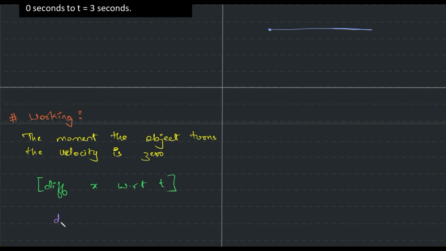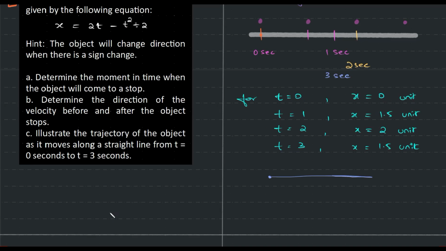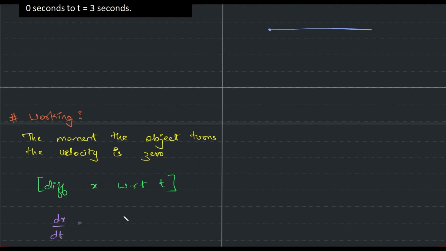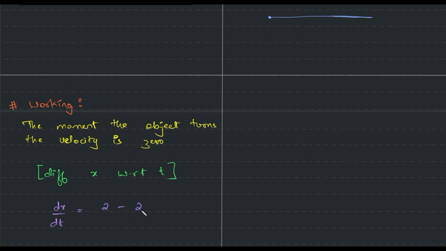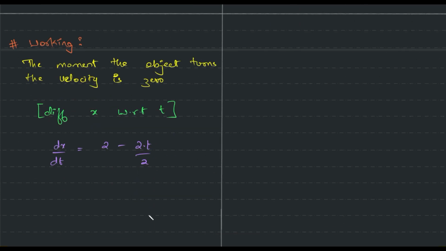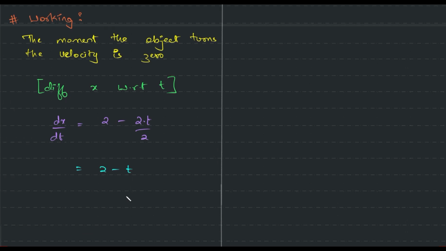So we have dx by dt, which is equal to 2 minus 2t by 2. Again, I'm not going to detail how I got this answer. So that's the velocity. Now, the time when velocity is 0.